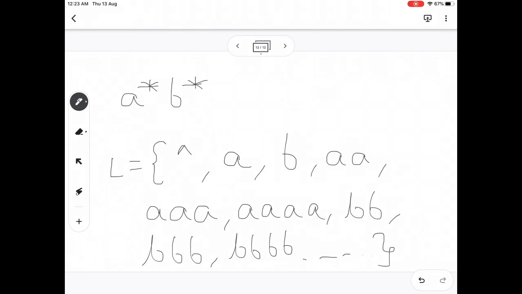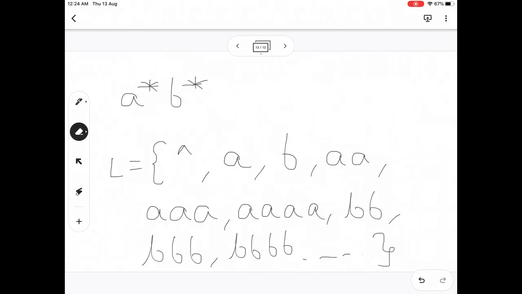Here I have chosen B to be null, here I have chosen A to be null, here again B is null, and so on. Also it is not necessary that it can have only single A or single B, I can have both also.